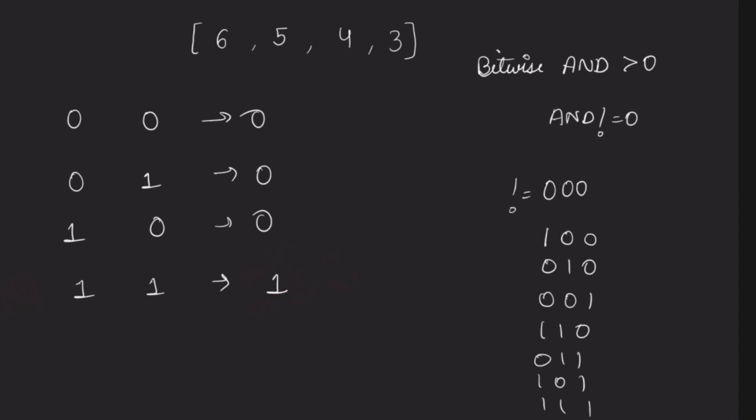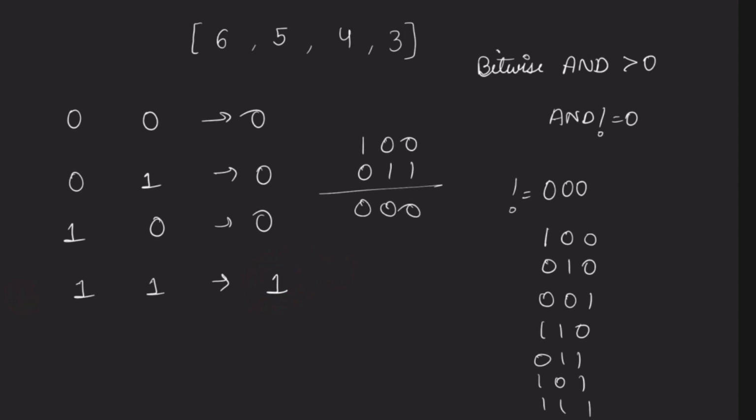Then that means whatever numbers I am taking into consideration for a particular combination, all those numbers should have a particular place in their binary representation where all of them have the bit as 1. Meaning, let's suppose I have these two numbers, right? Now in this, if you do the bitwise AND, you will get 0, 0, 0, right?